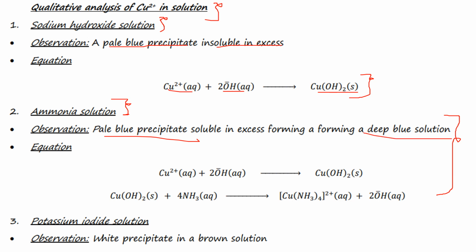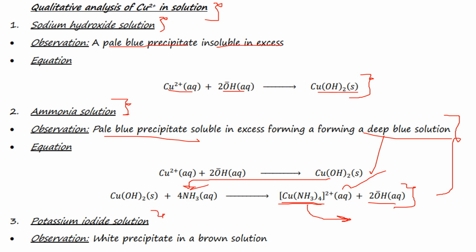The pale blue precipitate is a result of the formation of copper 2 hydroxide, but this copper 2 hydroxide dissolves in excess ammonia solution to give a complex, the tetraamine copper 2 ion, leaving out the hydroxide ions as a medium for this complex to be formed. The formation of this complex is what leads to the deep blue solution.